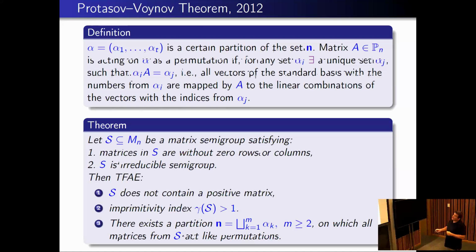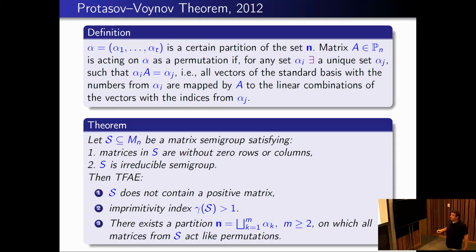So when it acts like a permutation on a certain partition, I say that it is a corresponding permutation. So the semigroup, this is still a result of Protaska. A matricial semigroup, which satisfies the condition that 0 rows and 0 columns are absent, and irreducibility in the sense I just mentioned, irreducibility for a semigroup. So the following three conditions are equivalent.